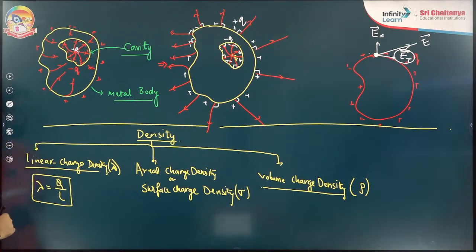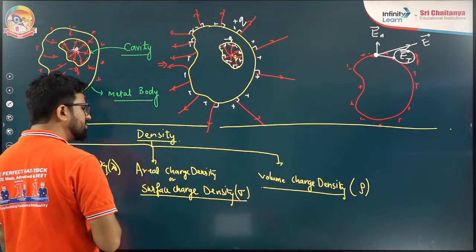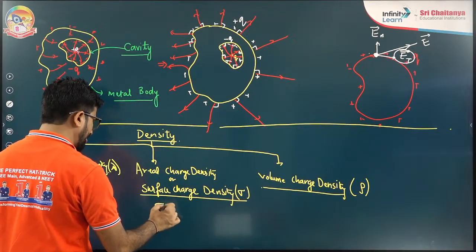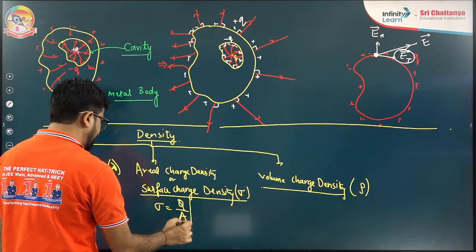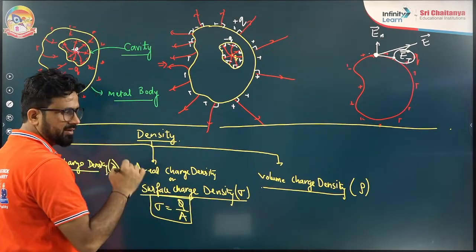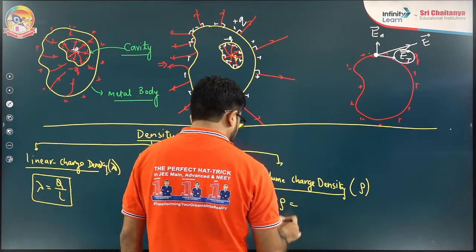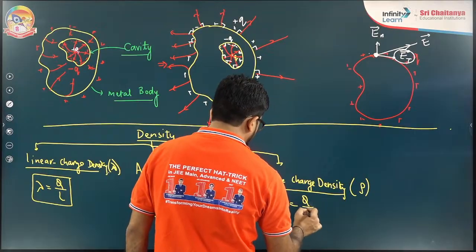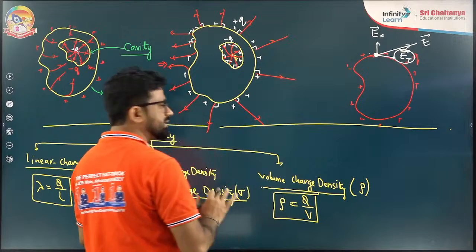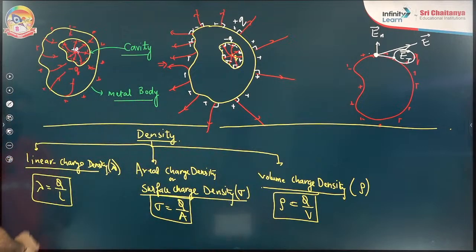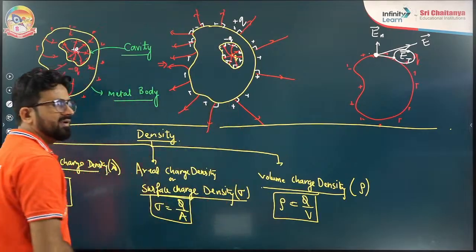Sigma is charge divided by surface area. Rho is charge divided by volume. So we have linear charge density, surface charge density and volume charge density.